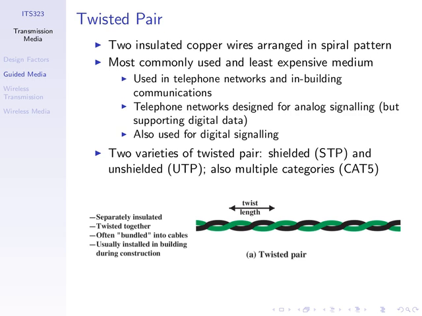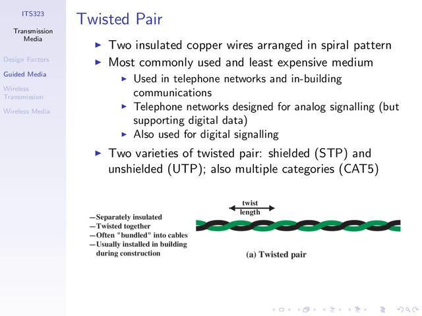Twisted pair refers to this type of link, or wired media, where we have a pair of copper wires and they are wrapped around each other in some spiral pattern. The reason for twisting them around each other is to minimise the impact of interference.